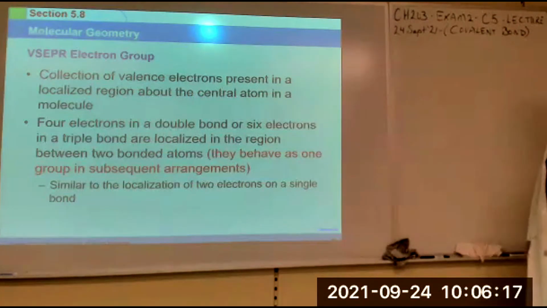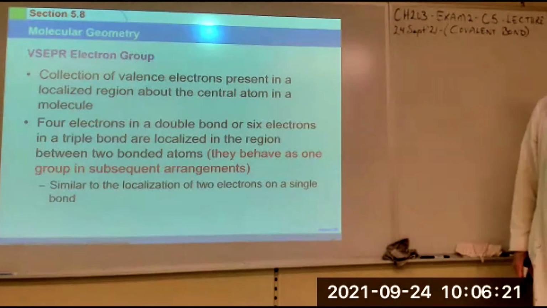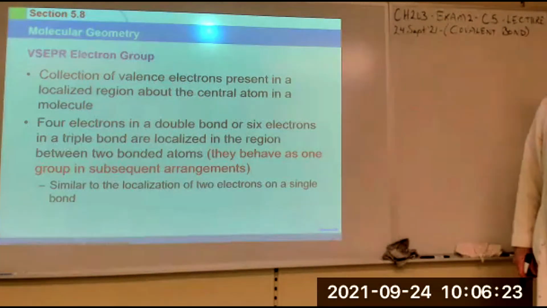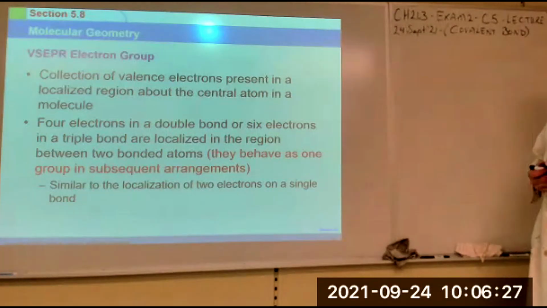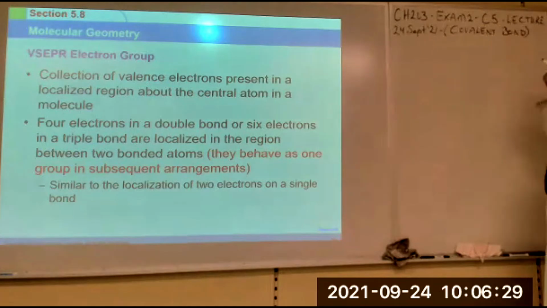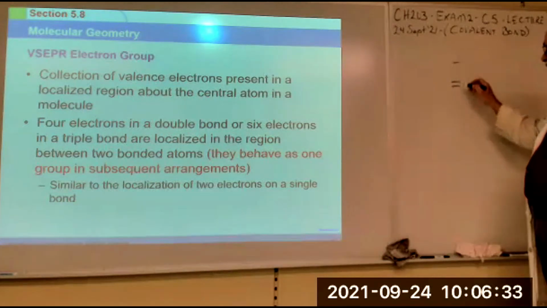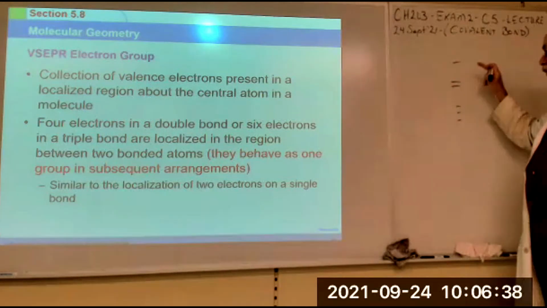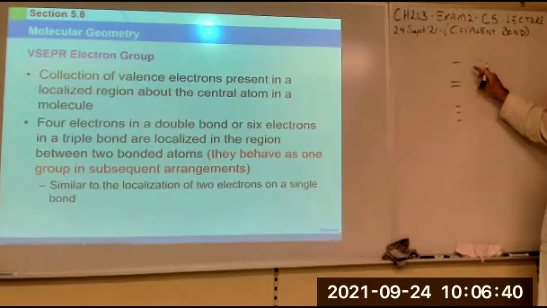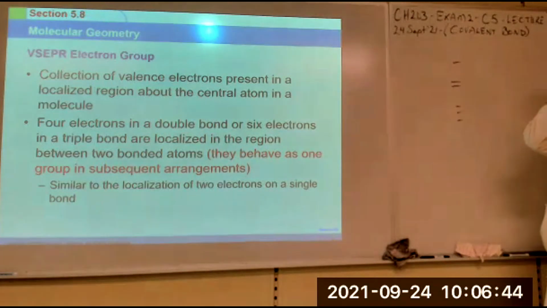We look in terms of groups, actually. I know the name says valence shell electron pair, but it should say electron group repulsion. And the reason I say that is we treat double bonds, single bonds, triple bonds the same. If you got one of these, that's a group. One of these, that's a group. That's a group for counting purposes.